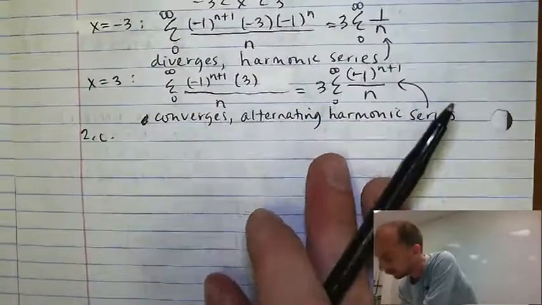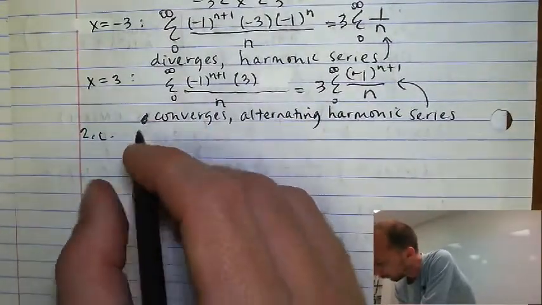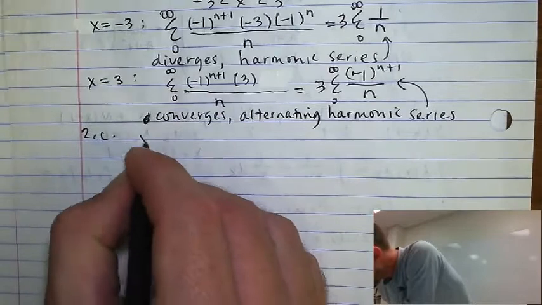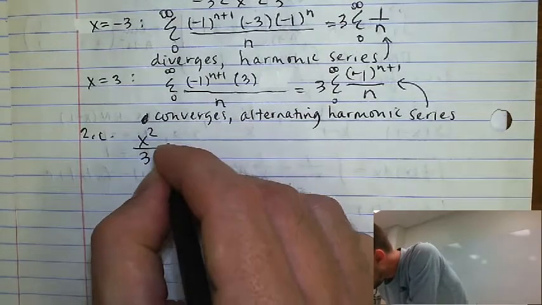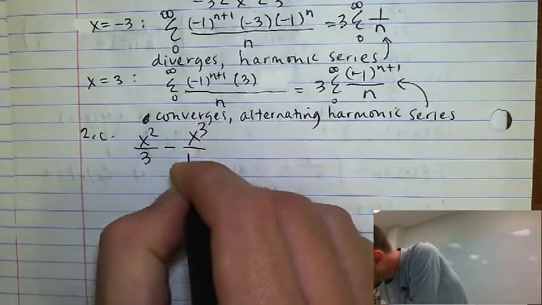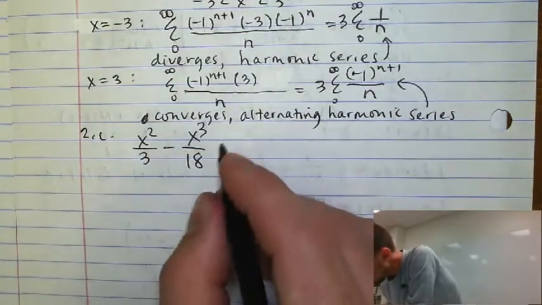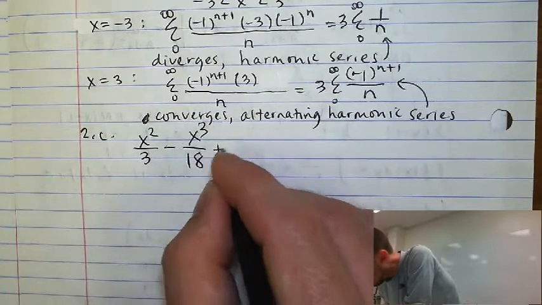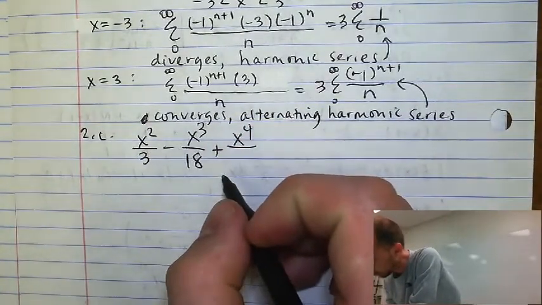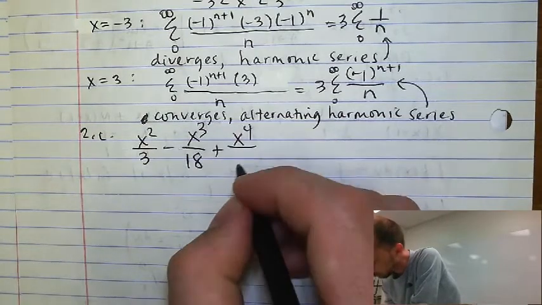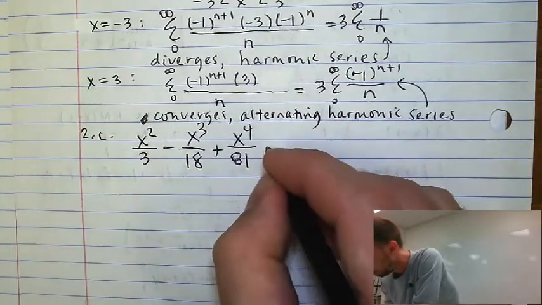So the first 4 terms is going to be x squared over 3 minus x to the 3rd over 18 plus x to the 4 over, that'll be 3 to the 3rd, and so that'll be 3 to the 4th is 81.